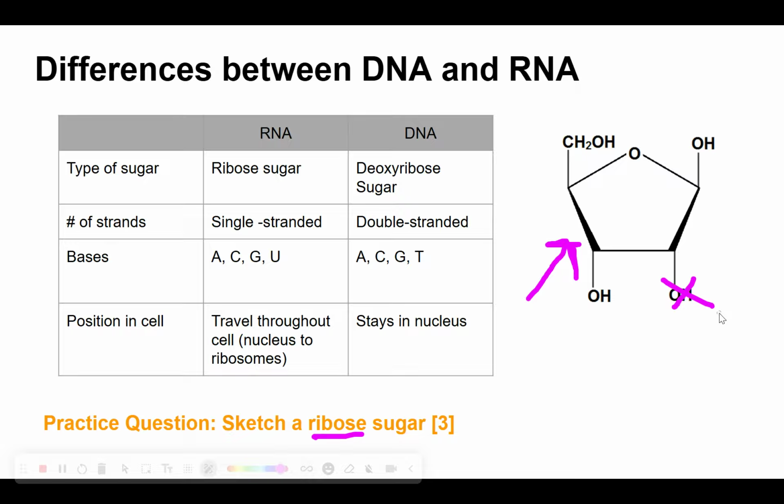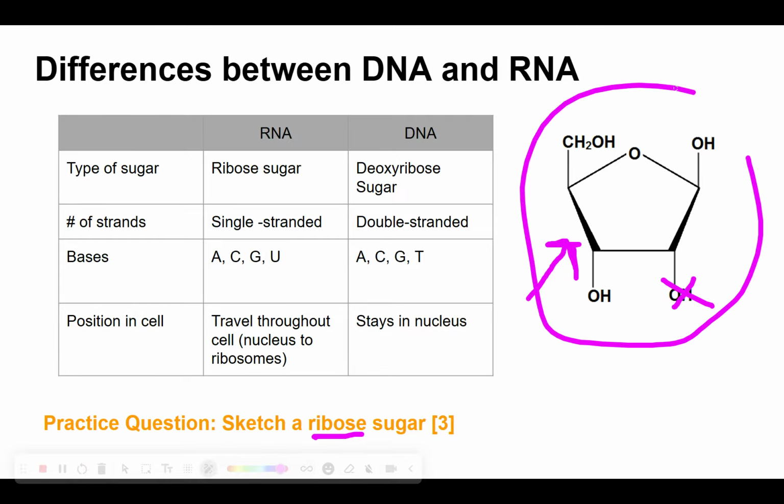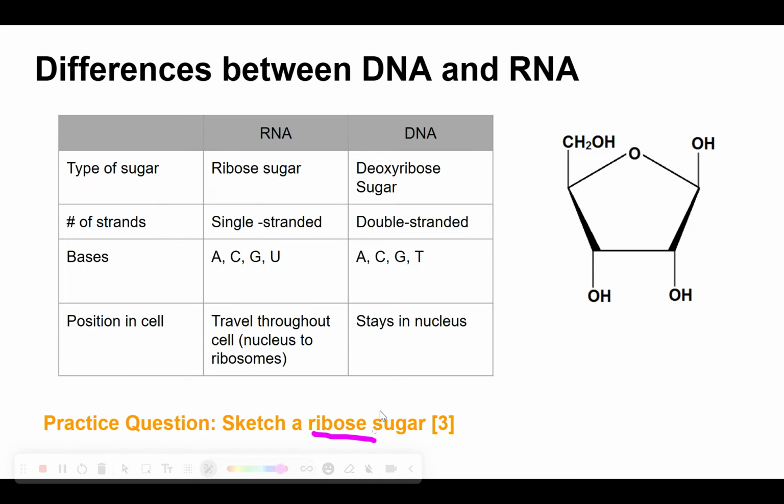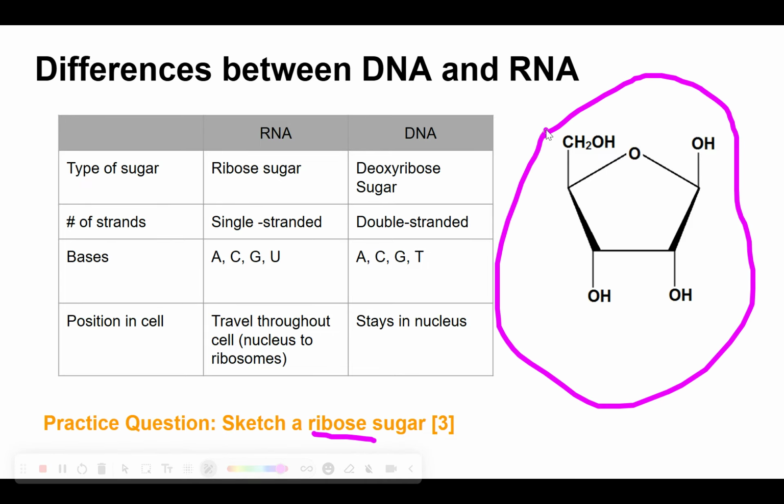Don't worry about it too much. This would be the picture if it was deoxy. Deoxy because of this, or regular fully oxygenated ribose would look like this.